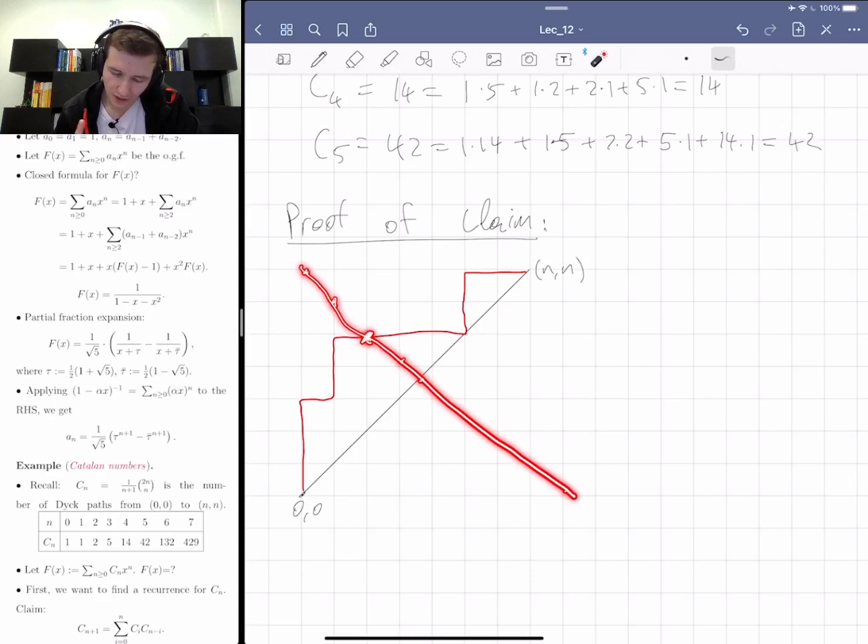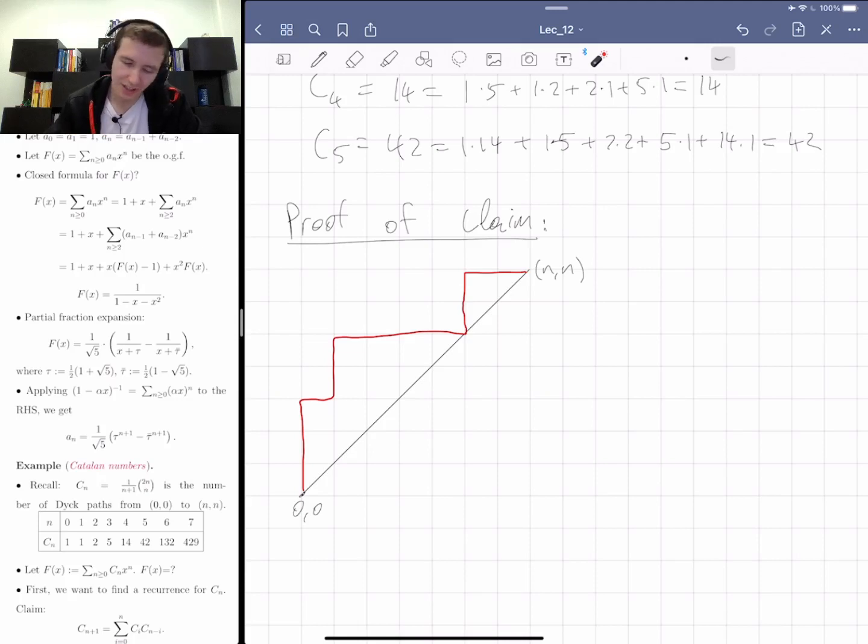Actually, that's not the right guess, but it's close. The right guess is to look at where it touches y equals x. Yeah, that's the correct one.